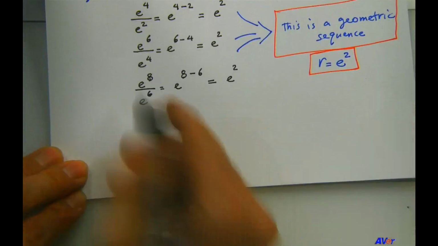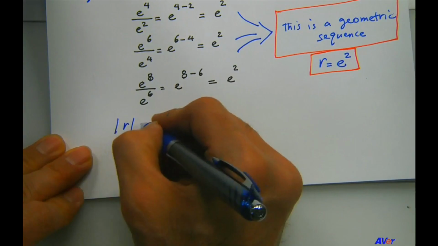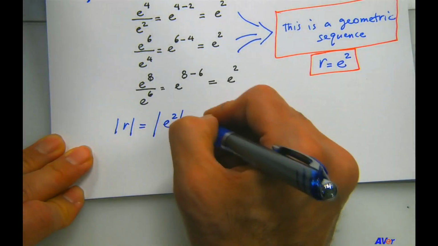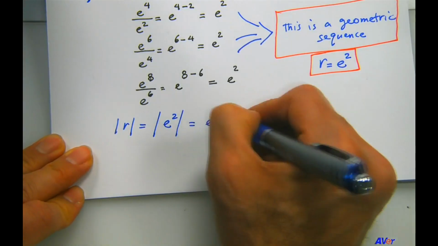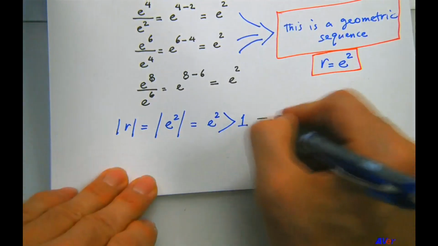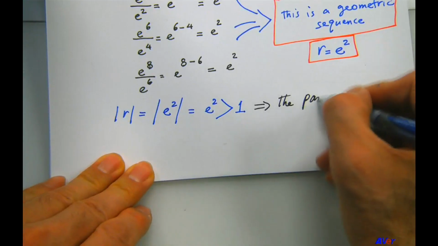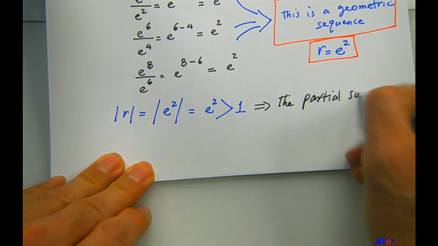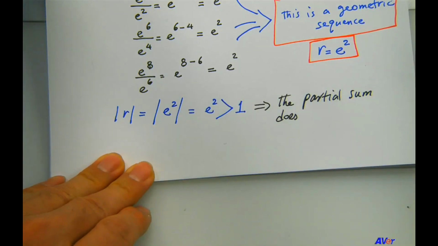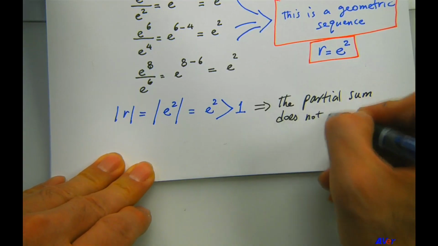The absolute value of R is equal to the absolute value of e squared, and e squared is greater than 1. Therefore, for this case, the partial sum does not exist because it diverges, right? It grows bigger and bigger and bigger. So it diverges, so the partial sum does not exist.